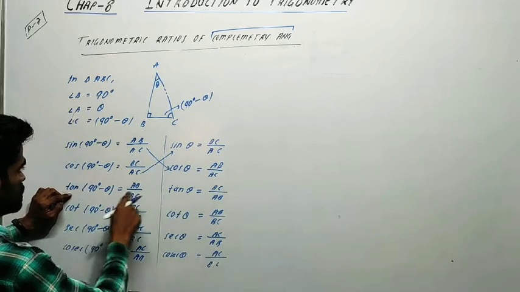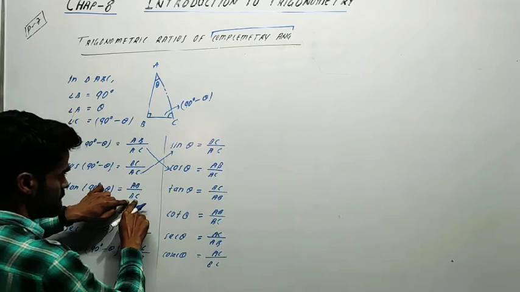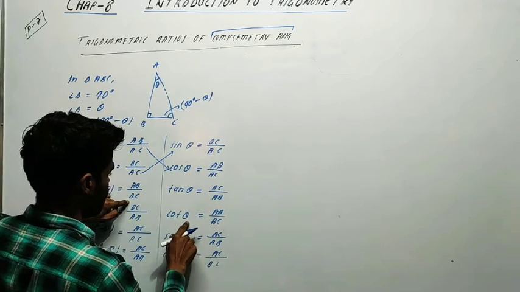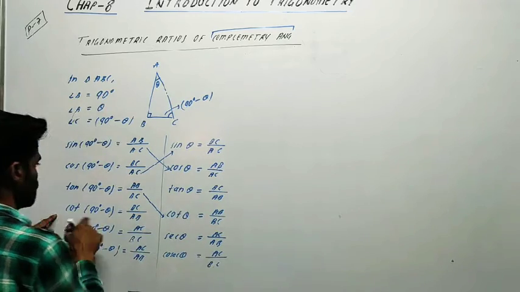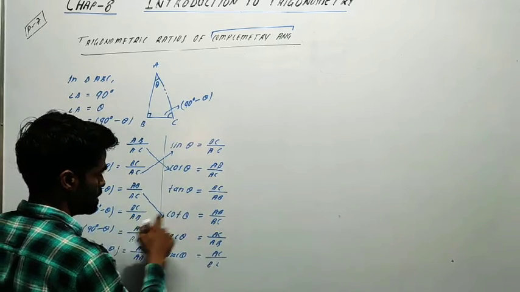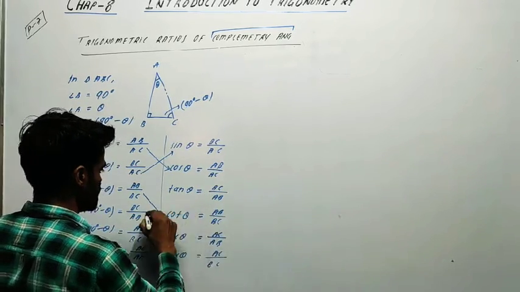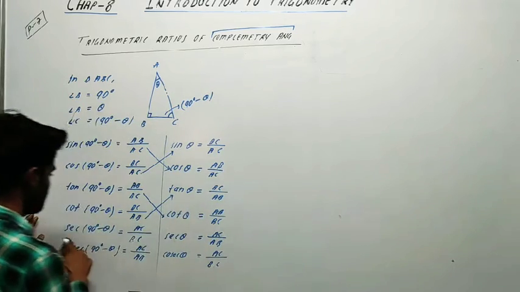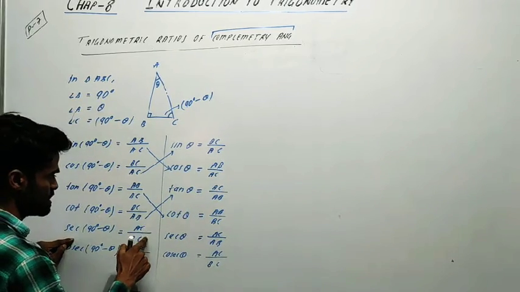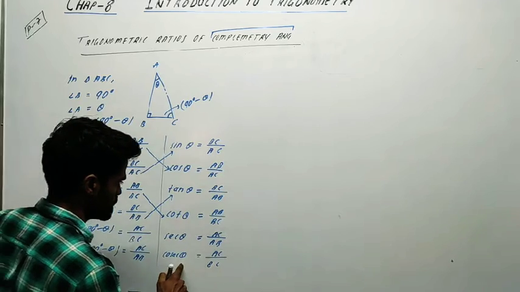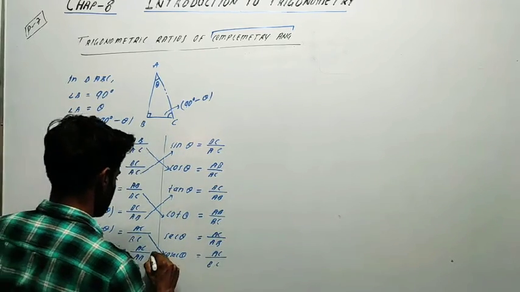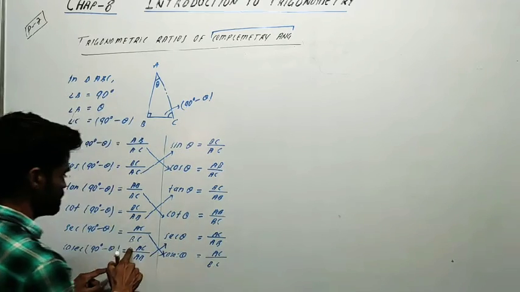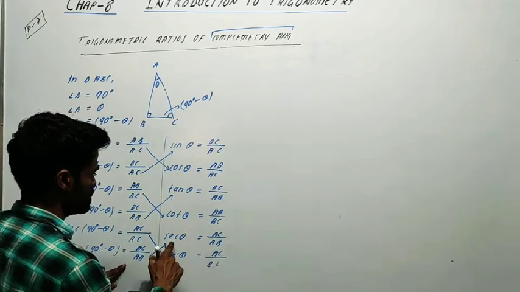Similarly, tan 90 minus theta, that is AB upon BC, is the same value as cot theta, AB upon BC, and cot 90 minus theta, meaning BC upon AB, is the value of tan theta. Similarly, sec 90 minus theta, that is AC upon BC, is equal to cosec theta, that is AC upon BC, and cosec 90 minus theta, that is AC upon AB, is the value of sec theta.